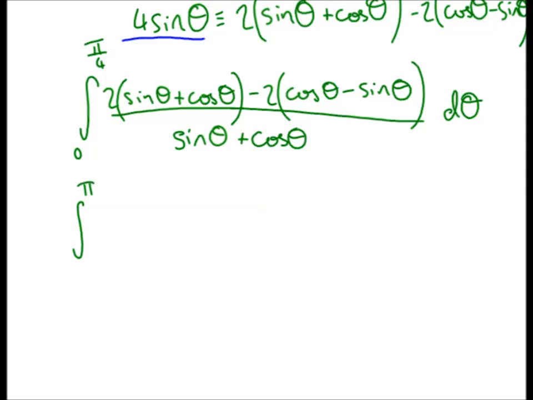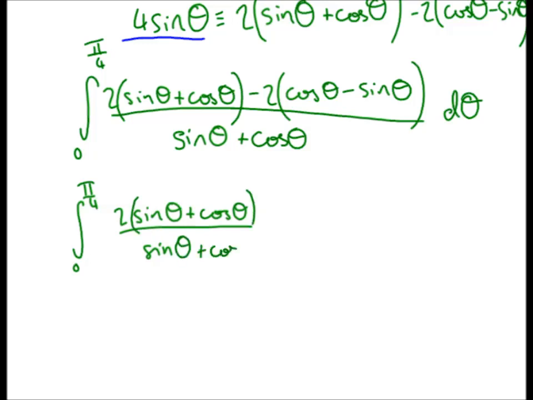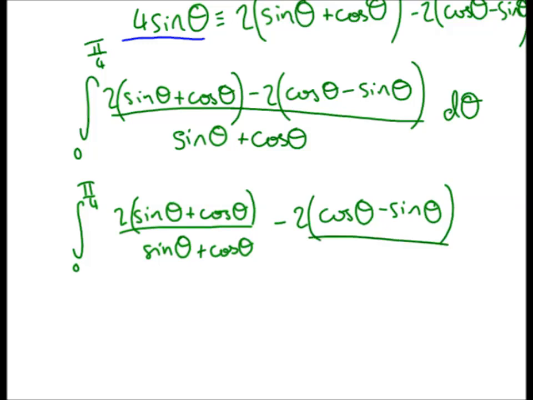So I'm going to get the integral between pi over 4 and 0 of 2 sine theta plus cos theta over sine theta plus cos theta. And then I'm going to take away 2 lots of cos theta minus sine theta over sine theta plus cos theta.